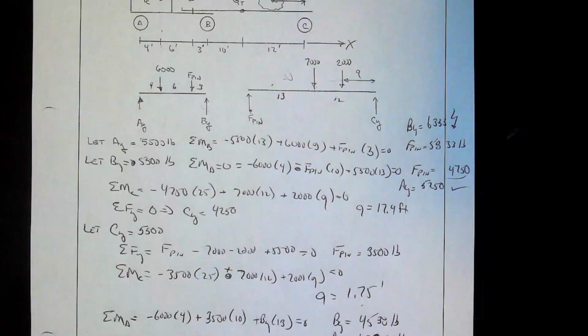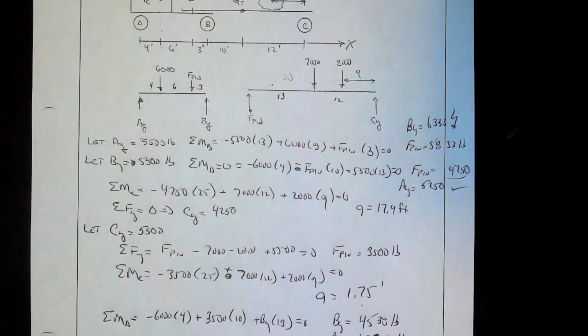It's 25 away, and that looks incredibly clockwise. 4,750 times 25, minus, or plus, this is going the other way, 7,000 times 12 plus 2,000 times Q. And so we come up with Q is 17.4 feet.